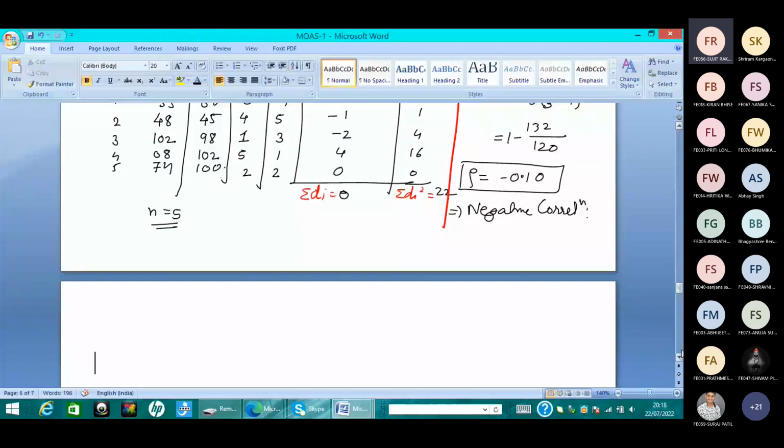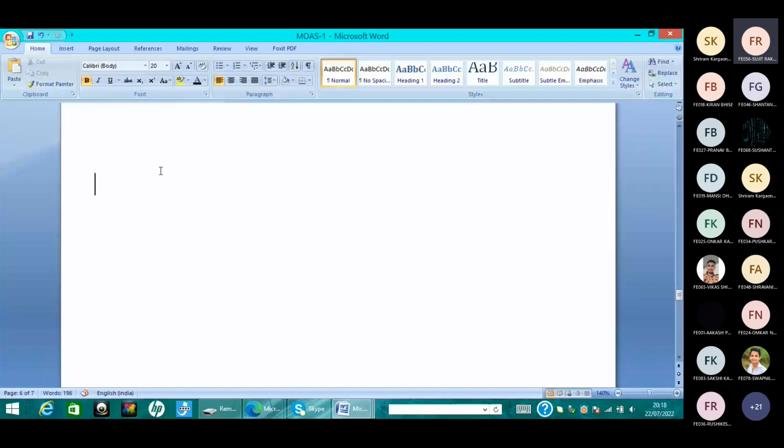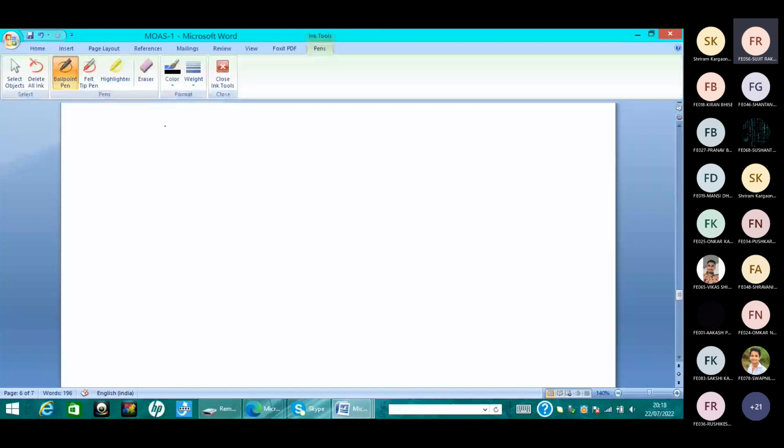So this is very important. I think this is the thing you need more explanation, so be alert. Case 2: tied ranks or repeated ranks, whatever you say, where ranks are repeated.